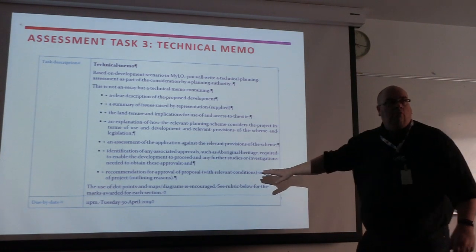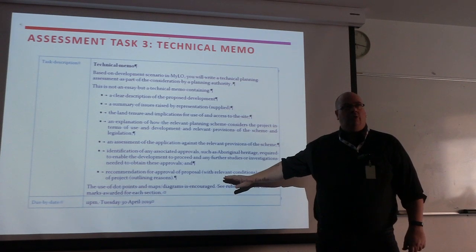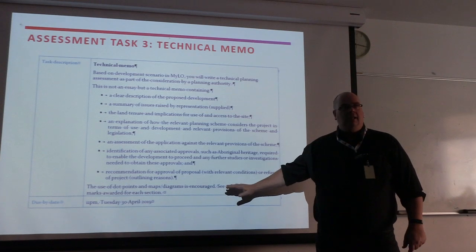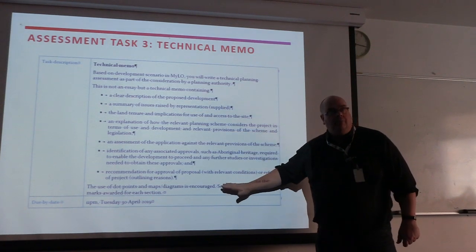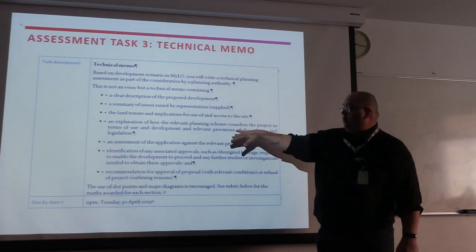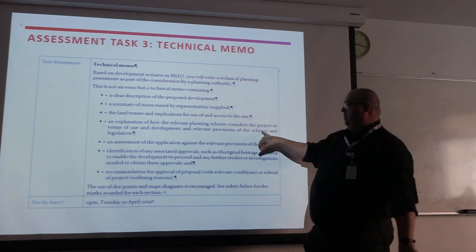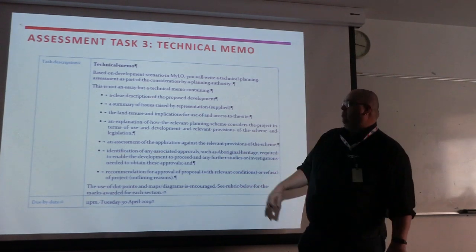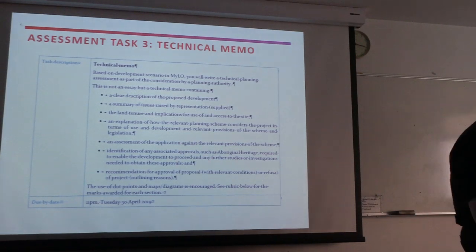There is no right and wrong answer, okay? We don't care if you think it should be approved or you think it should be refused. I don't care. The issue is the process you went through to reach that conclusion, and making sure that you looked at all relevant provisions of the scheme and assessed the application against those provisions and considered the issues raised by representation.